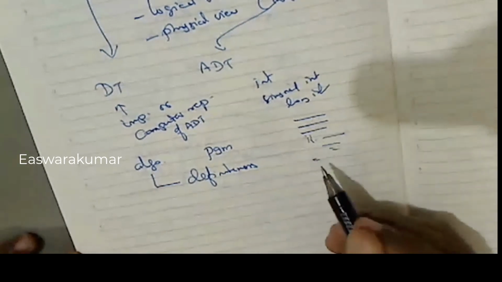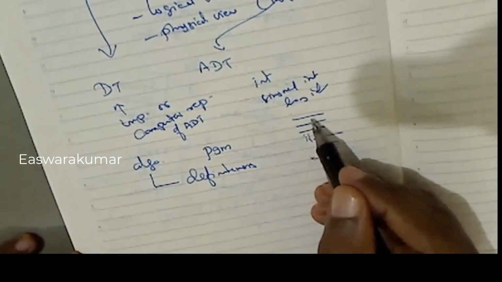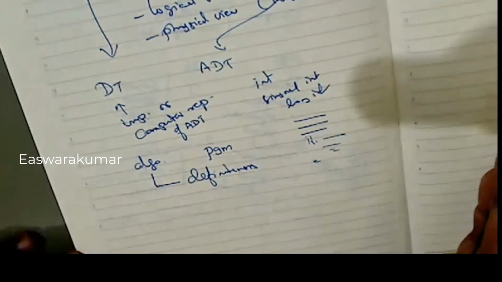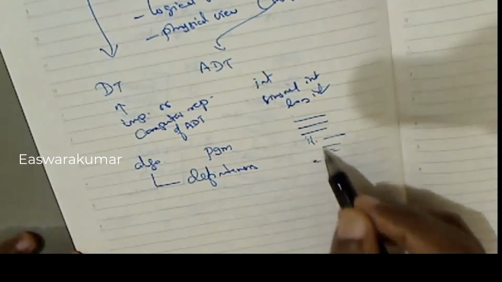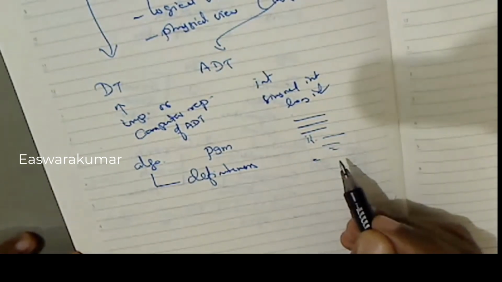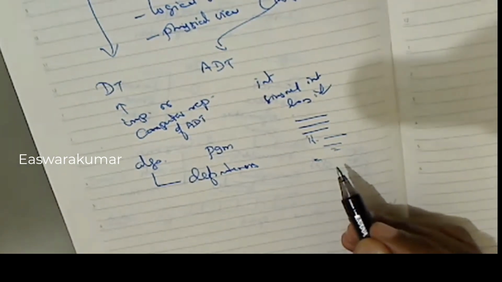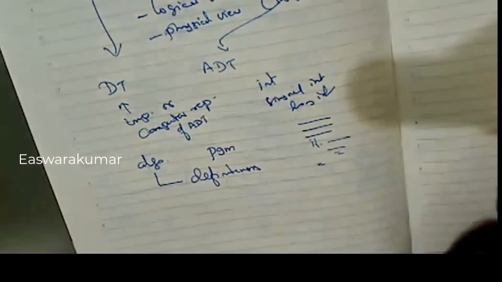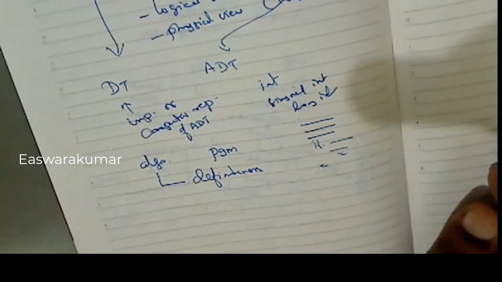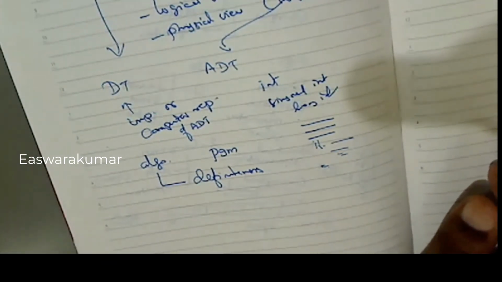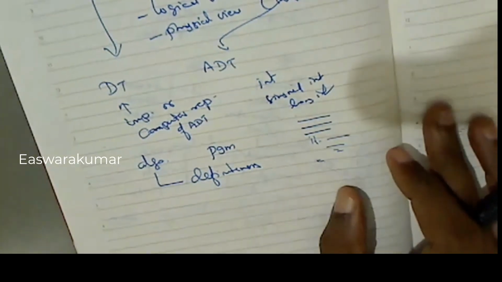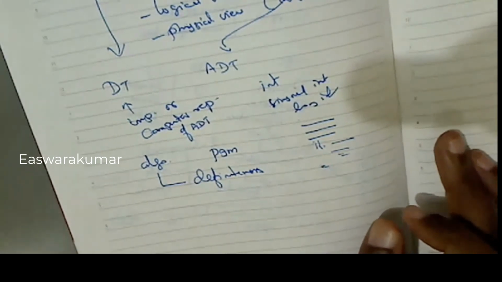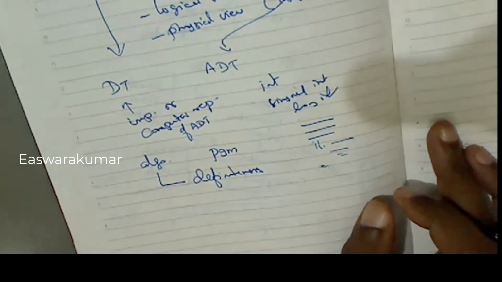These instructions may be an addition, a subtraction, or a sorting. These instructions should be unambiguous. Ambiguity should not be there. That is called definiteness. This is the first property.